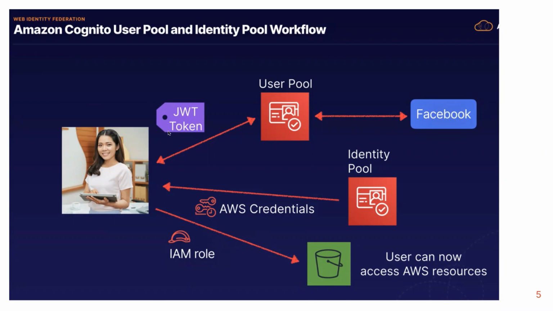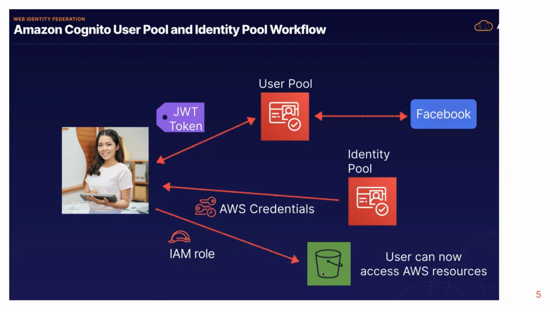Now, the user has this token. What would she do with this token? Whatever application she is trying to access, for example an S3 bucket or NASA's gift shop, the JWT token would be sent in the application.